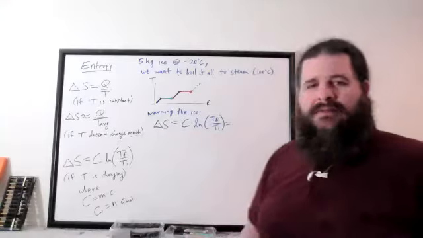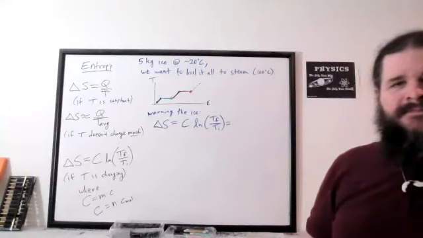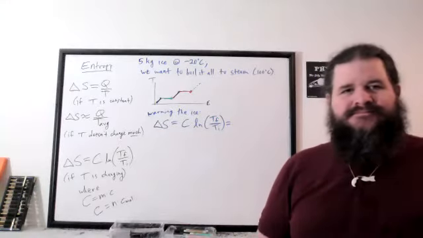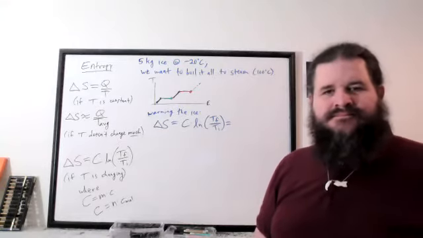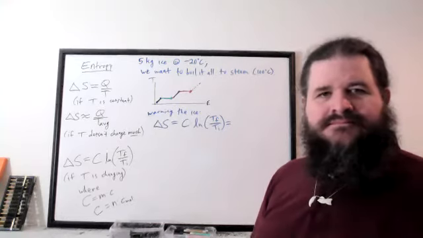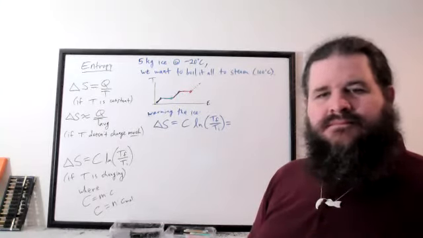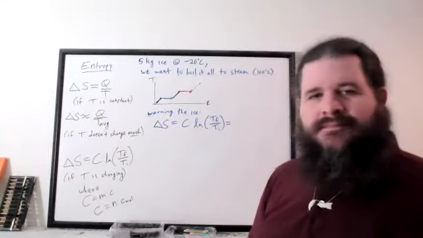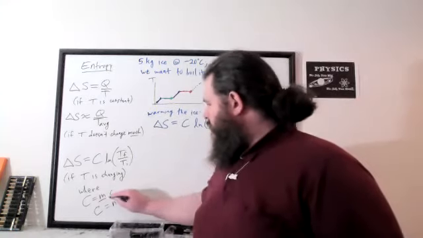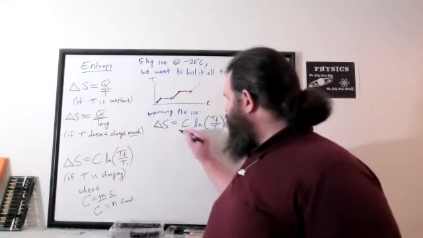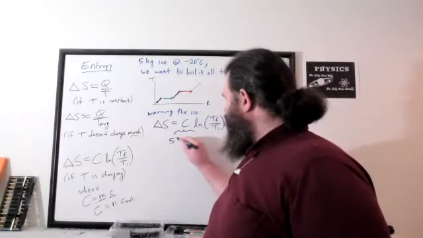And how would we find the heat capacity here? You would just do the mass that's given, 5 kilograms, times the specific heat. Right. So that's just going to be 5 kilograms.